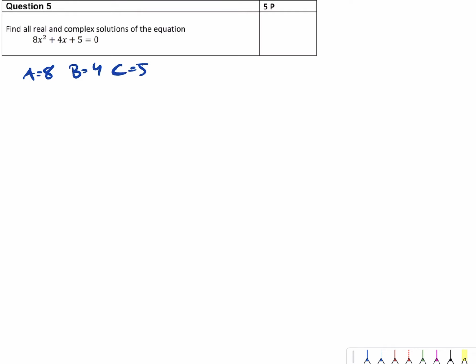The formula states that x is going to be equal to minus b, so minus 4, plus minus the square root of b squared, 16, minus 4 times a times c, divided by 2a. Good.